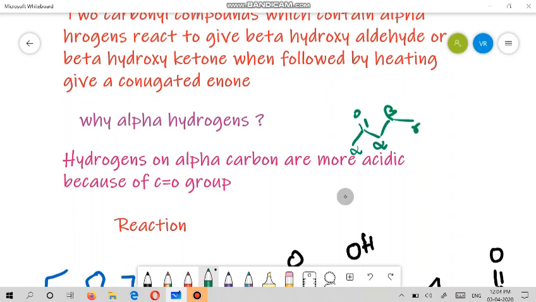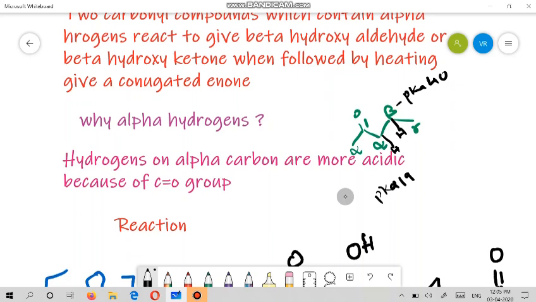Now let us see why these alpha hydrogens are very essential. If you observe here, this is the alpha hydrogen, and you take the beta hydrogen, there is a hydrogen atom here and a hydrogen atom here. If you take the pKa value of this alpha hydrogen, it will be around 19 to 20. If you take the pKa value of this beta hydrogen, it will be around 40 to 50.